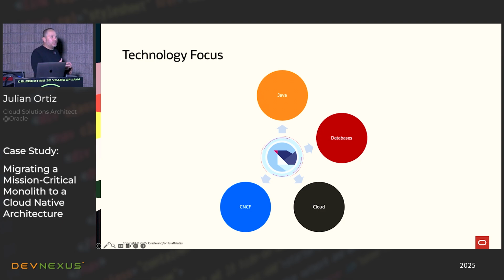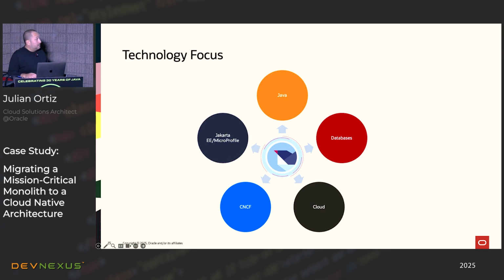We want to leverage the projects that they have, so be a good CNCF citizen, using projects like gRPC, OpenTelemetry, Prometheus, those kinds of projects that we all benefit from when we start integrating in the environment. And last but not least is Jakarta EE and MicroProfile. These are the key drivers for us.